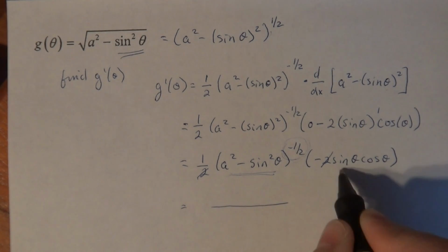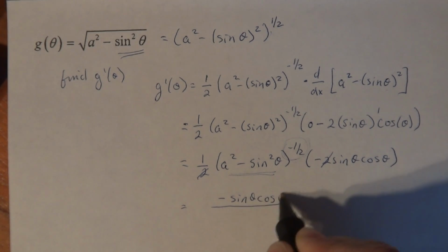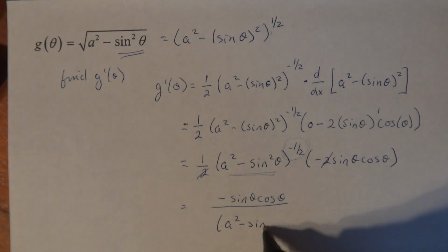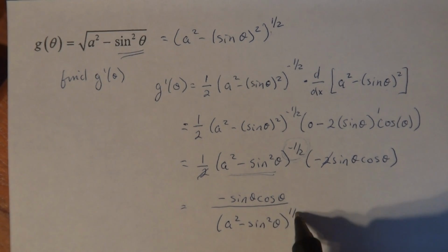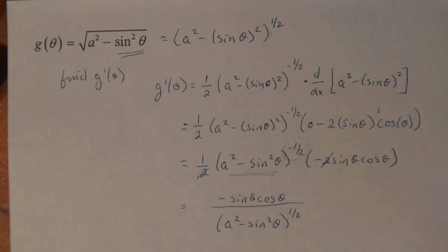So this stays in the numerator, so minus sine theta, cosine theta. And then in the denominator, I get a squared minus sine squared theta to the 1/2. Notice that the negative here is now positive, and that's what simplifies it. A good rule of thumb, whenever you simplify stuff for mathematics, is making sure that there are no negative exponents left in your equation.